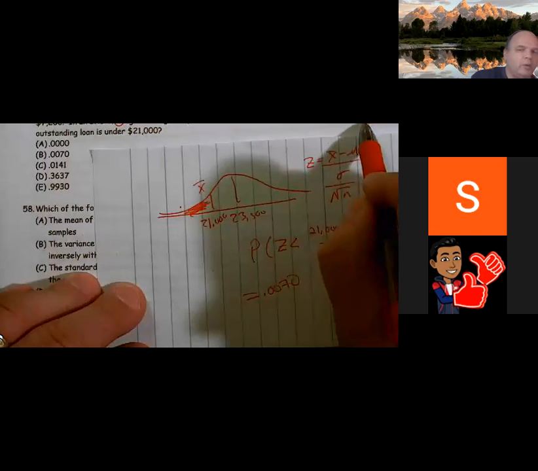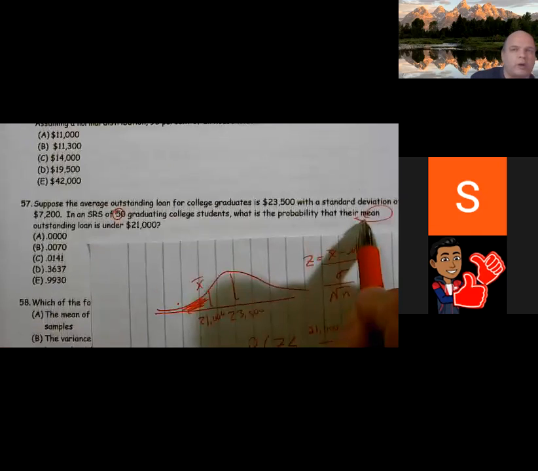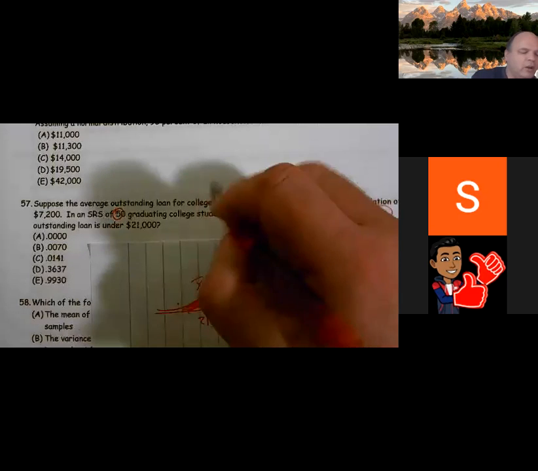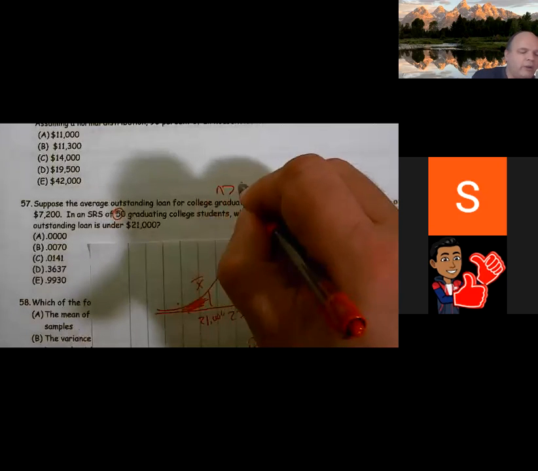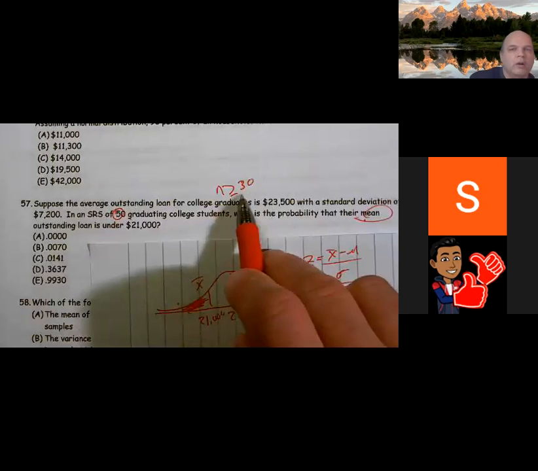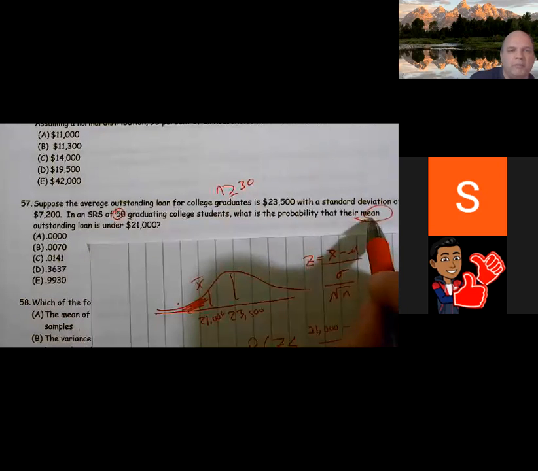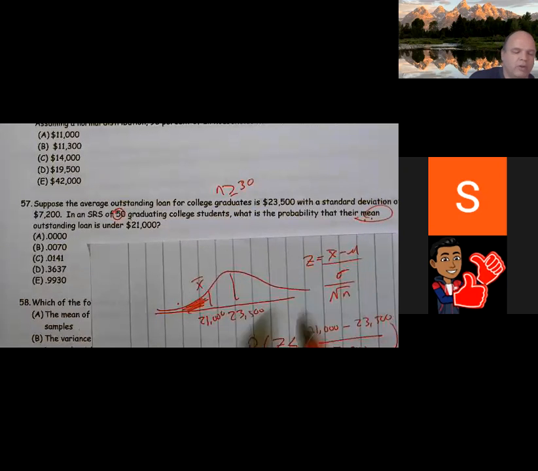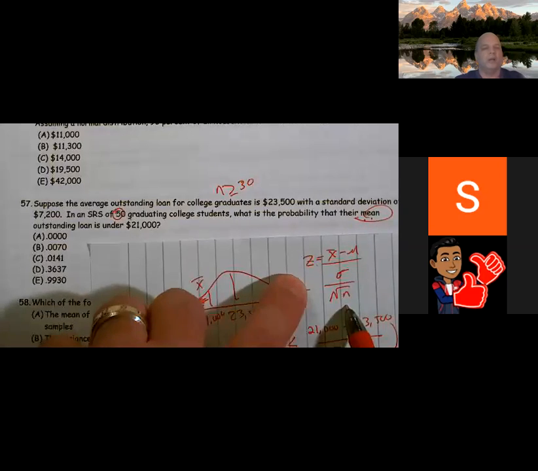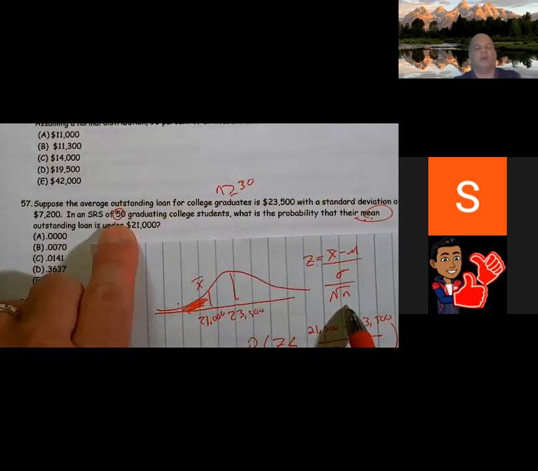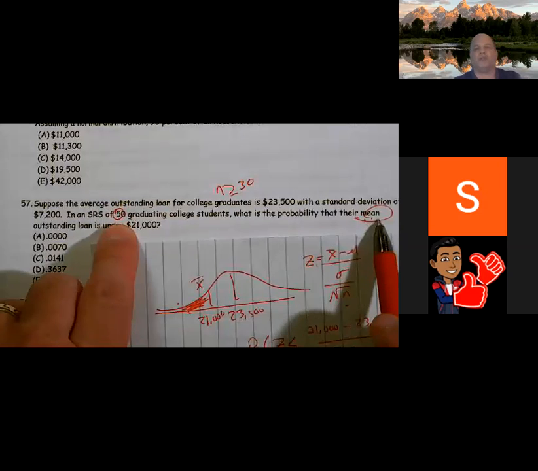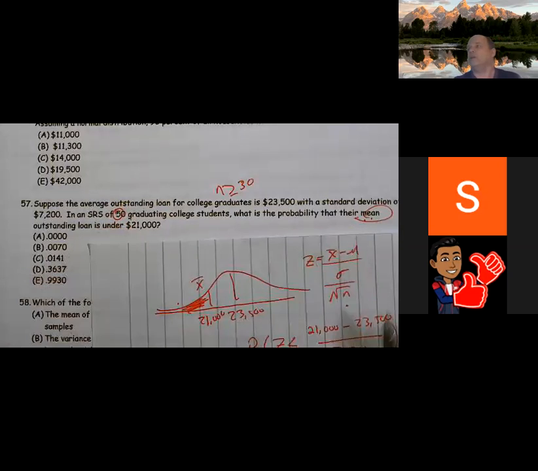So since we're working with the distribution of the means, and our sample size is 50, so n is greater than or equal to 30, then we can use the Z equals X bar minus mu over sigma divided by square root of n. We can use this formula because our sample size of 50, when we're talking about the distribution of means, is greater than 30.